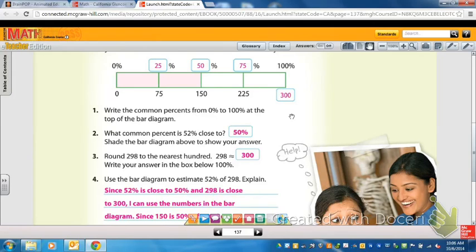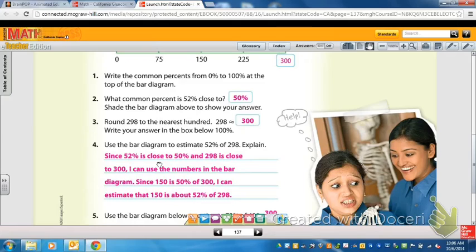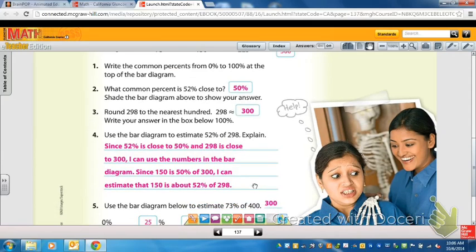Once everything is filled out, we see that 52% is close to 50%, and 298 is close to 300. I can use the numbers in the bar diagram since 150 is 50% of 300. I can estimate that 150 is about 52% of 298.